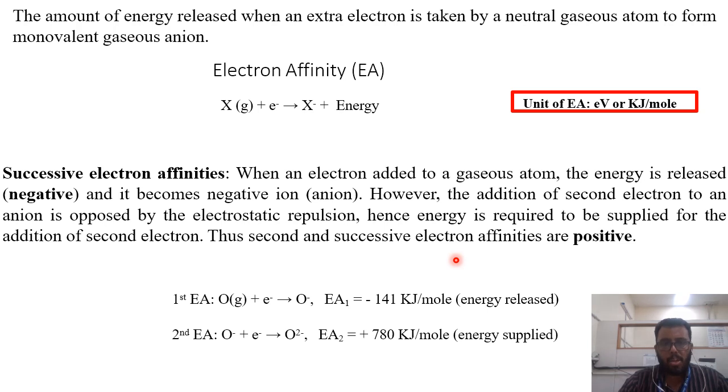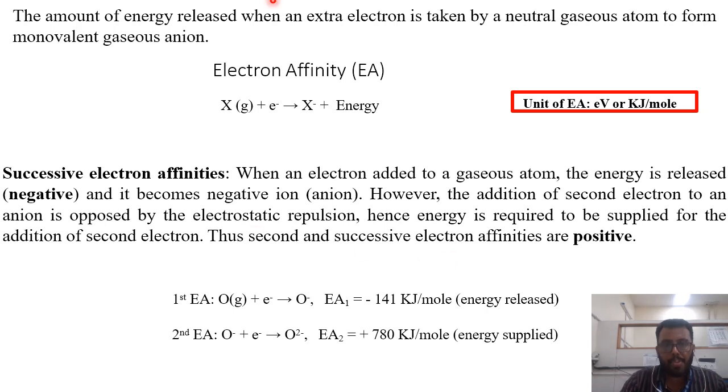Now, electron affinity. So this is something energy released. Electron affinity means you are adding an extra electron to the valence shell. So when you are adding an extra electron, you have to supply some energy. Whereas when you are taking an electron out, energy will be released. Here, energy is required.